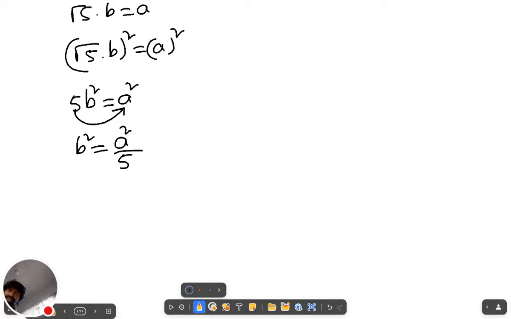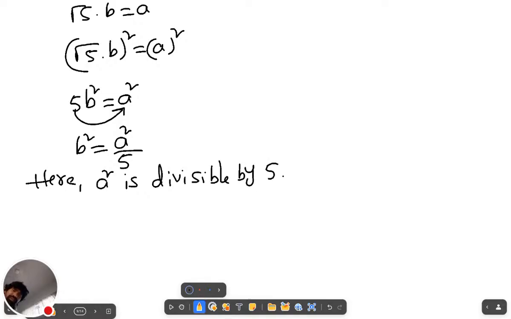That means we can write like this: a square is divisible by 5, because a square by 5 is b square. So when a square is divisible by 5, a is also divisible by 5.